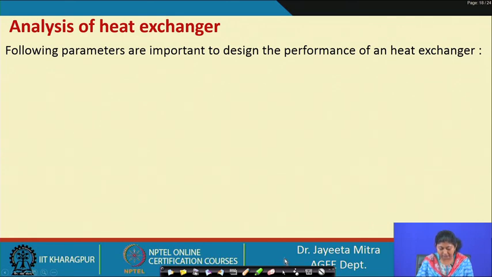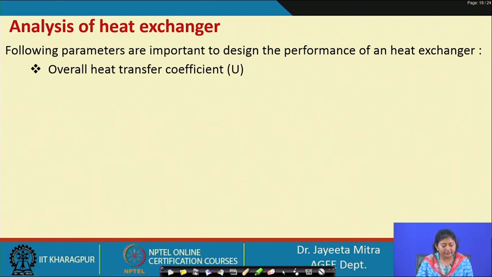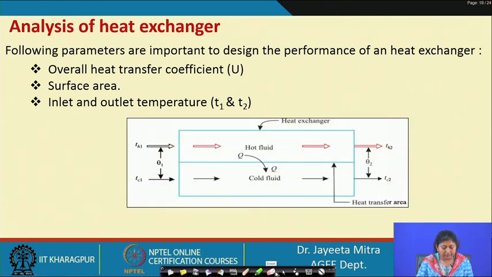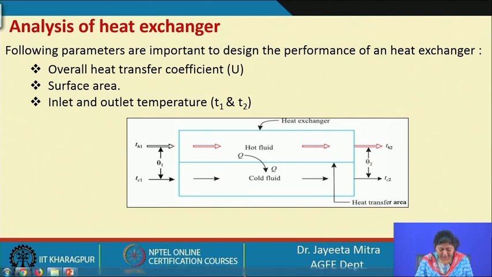If we want to do the analysis of a heat exchanger, the first thing is we need to know the overall heat transfer coefficient, which is a very important factor. Another important one is the surface area, then the inlet and outlet temperatures T1 and T2 of the two fluids. So, the main parameters are: what the two fluids are, and what inlet and exit temperatures we want.